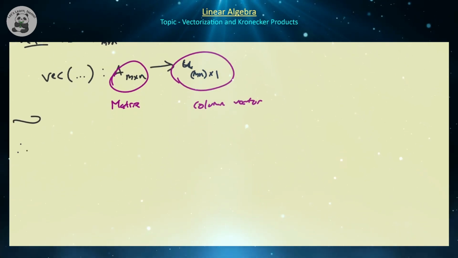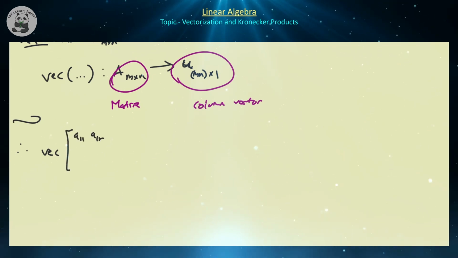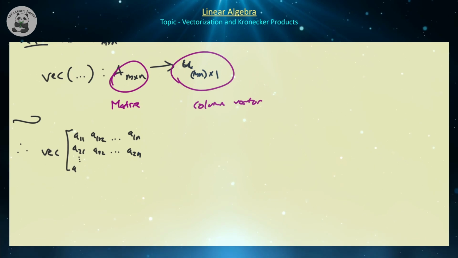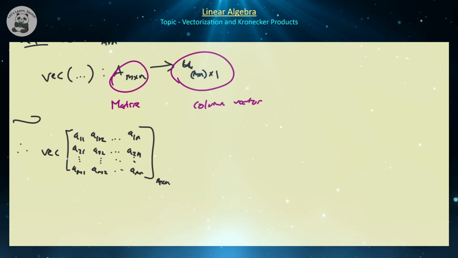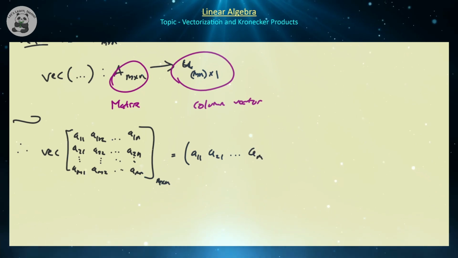So that means if we take our arbitrary matrix, A11, A12, down to A1n, A21, A22, down to A2n, all the way down to Am1, Am2, and Amn, which is obviously an m by n matrix, then this is going to turn it into a column vector of the form A11, A21, all the way down to Am1.